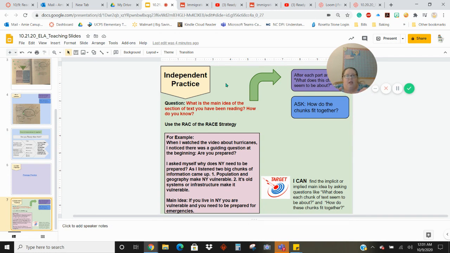Then there's another slide, and it has a dark circle on it, and you just grab that circle, and there's an A, B, C, D choice. You put the circle over whichever one is the best choice, and then you submit it using these buttons up here near present and share. There should be a submit button there.